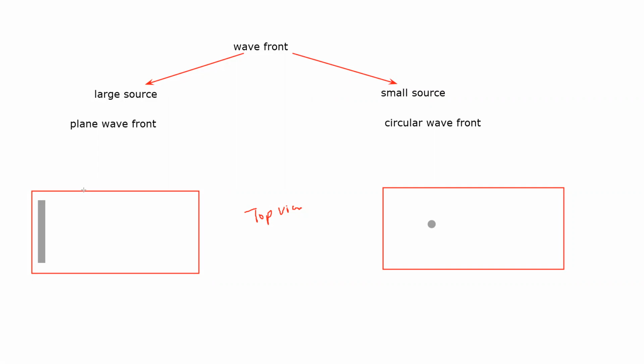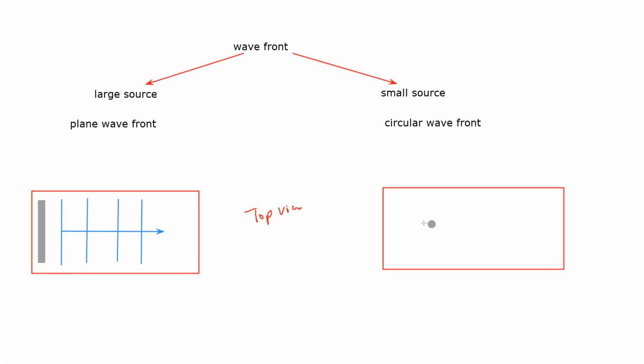When I produce a disturbance on the water surface, it will produce a wavefront. But what will the wavefronts be? The wavefronts will be plane or flat wavefronts. And the direction of the wave is always perpendicular to the direction of the wavefront.